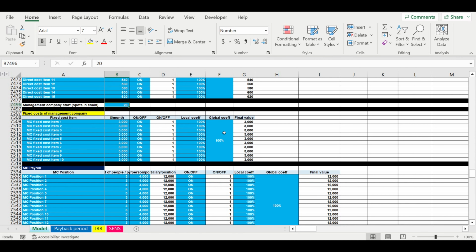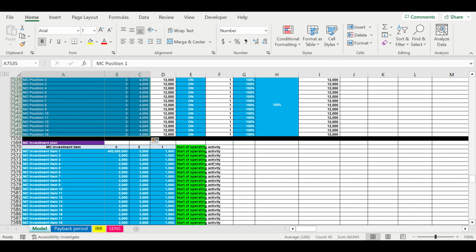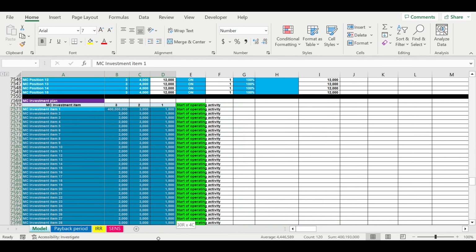Then we have fixed costs for the management company. This is the value per month of these fixed cost expenses coefficients. Then we have the payroll of the management company, and the investment plan for the management company.